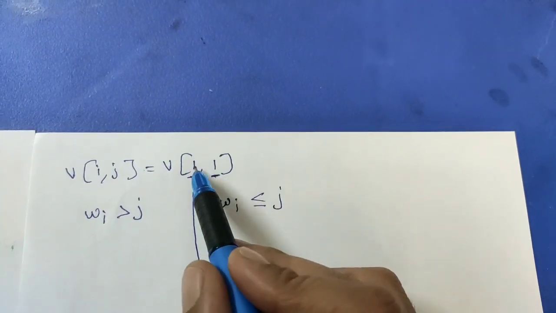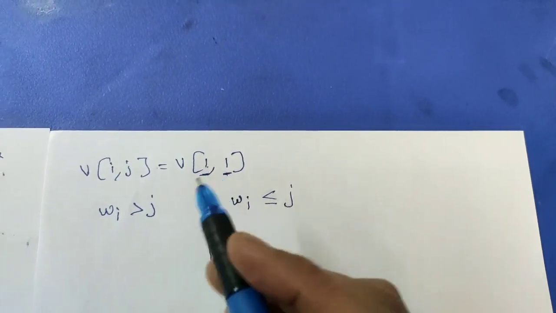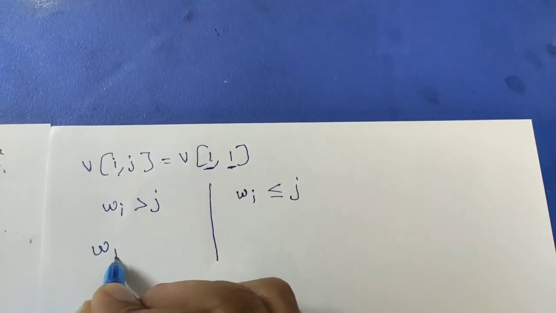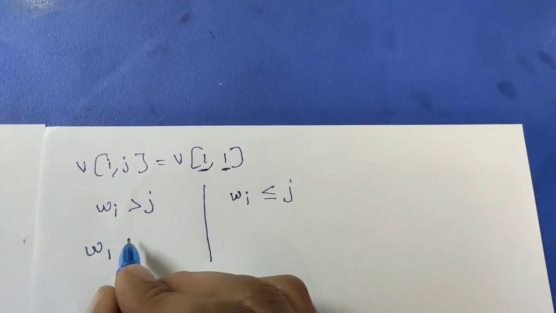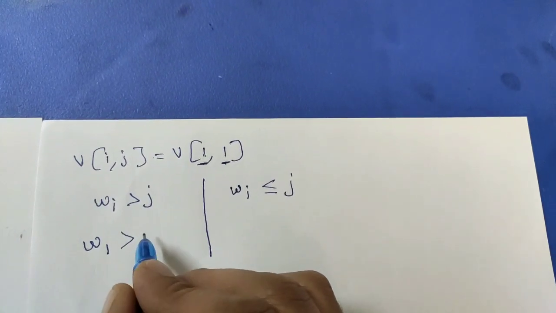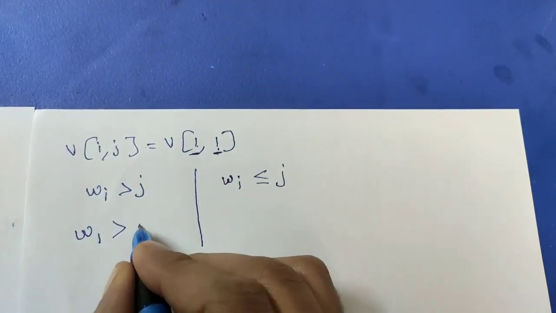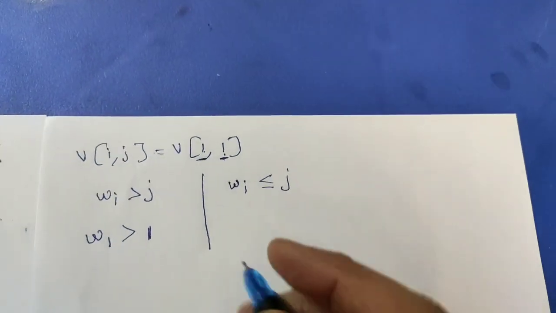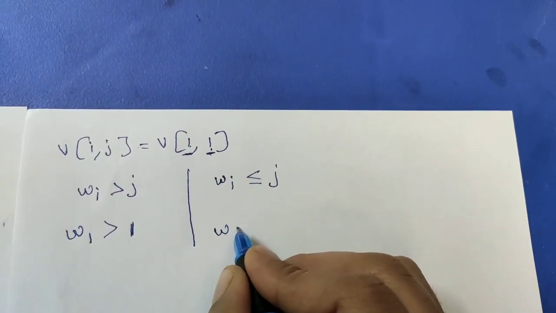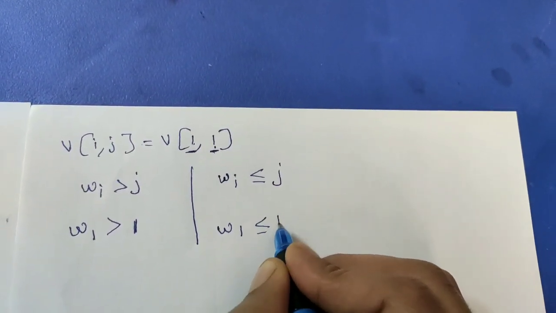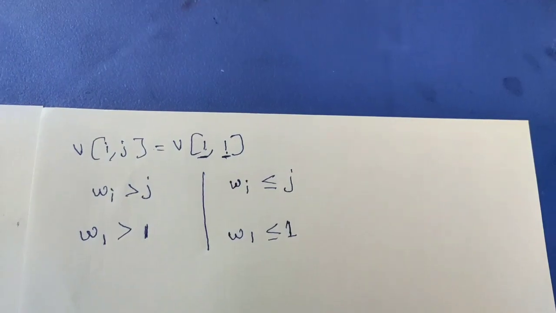What is the item number? That is 1. So let me check whether weight of item 1 is greater than the current knapsack capacity j. What is the j value here? 1. Or whether weight of the first item is less than or equal to the current knapsack capacity 1 or not.